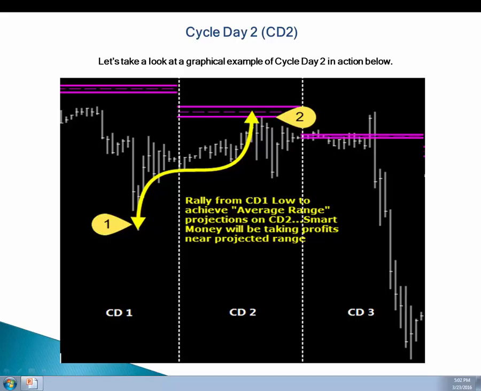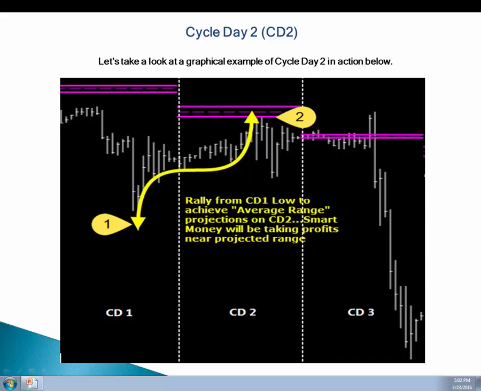Given that cycle day 1 creates a low, we're not sure 100% whether that cycle day 1 is the final low. It could actually occur on cycle day 2. And when that does, there are odds of a rally back above the cycle day 1 low.